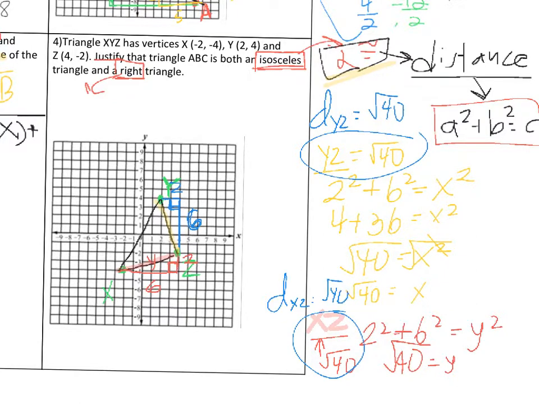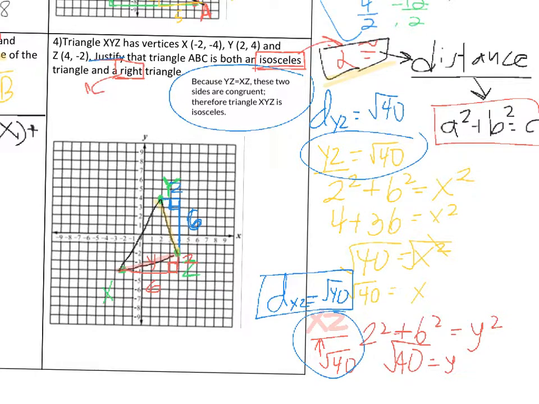We now have the work shown to prove that two sides are congruent, but we're not done because we haven't justified yet. So a correct justification for this problem would look like this.